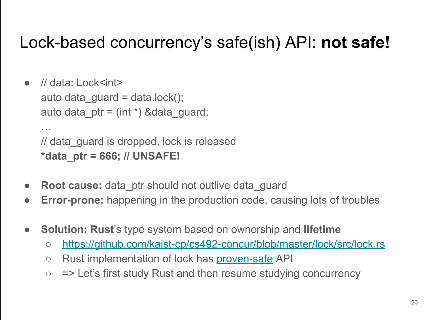Before delving into the safe API in Rust, we really need to discuss and study Rust first. So in the next video, we are going to study Rust as a crash course, and then go back to the concurrency and continue to study lock-based concurrency, its core concepts and its APIs.